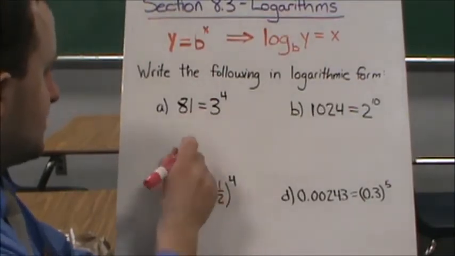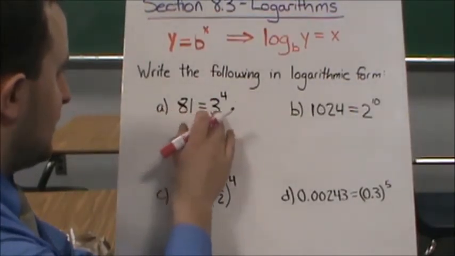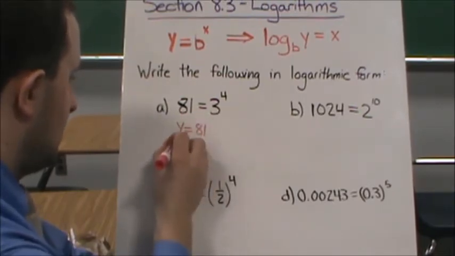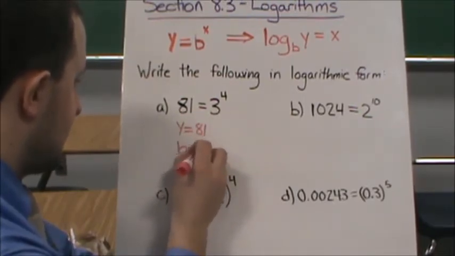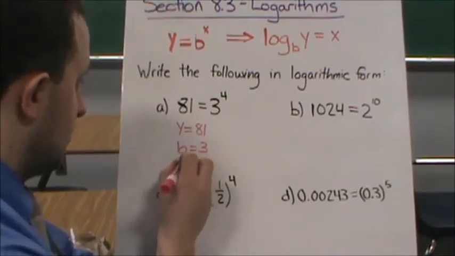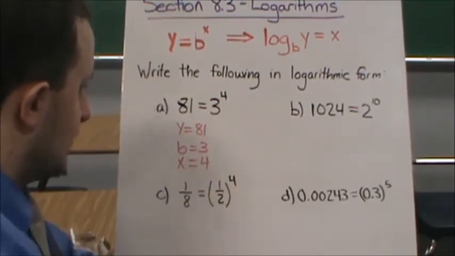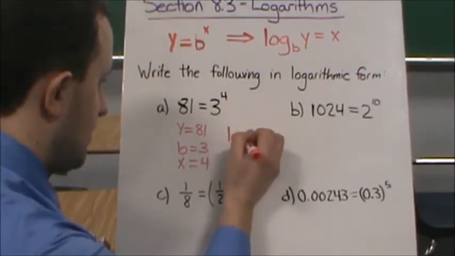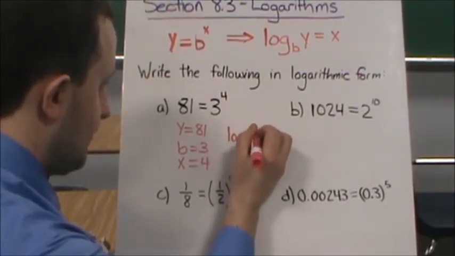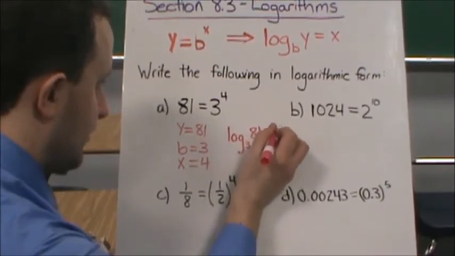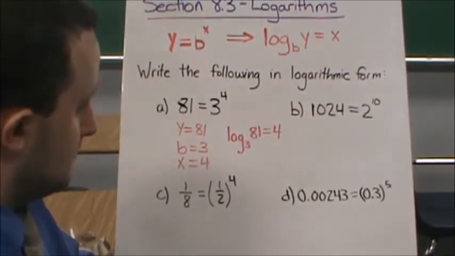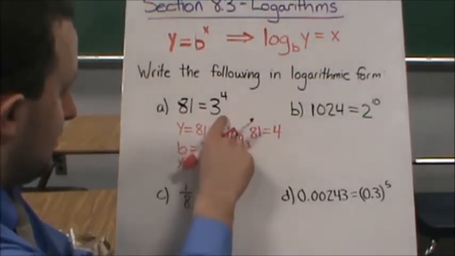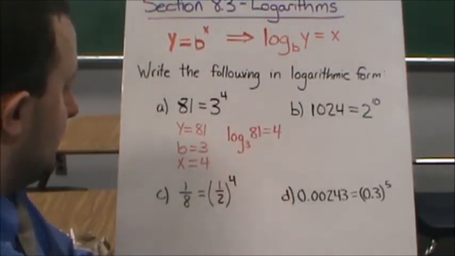So in the first case, we have 81 equals 3 to the 4th. Our y value is 81, our b value is 3, and our x value is 4. So we would just write that as log base 3 of 81 equals 4.